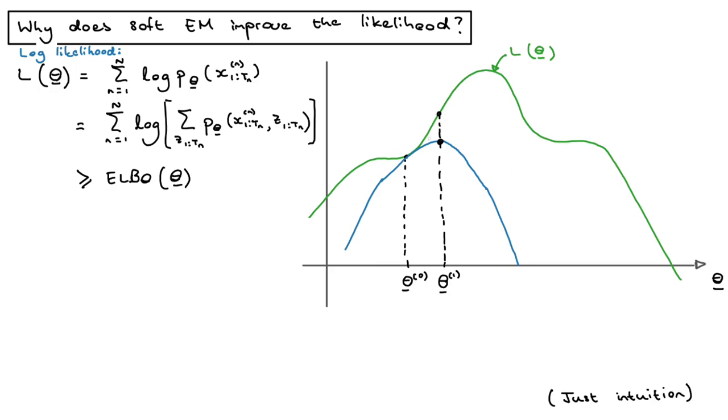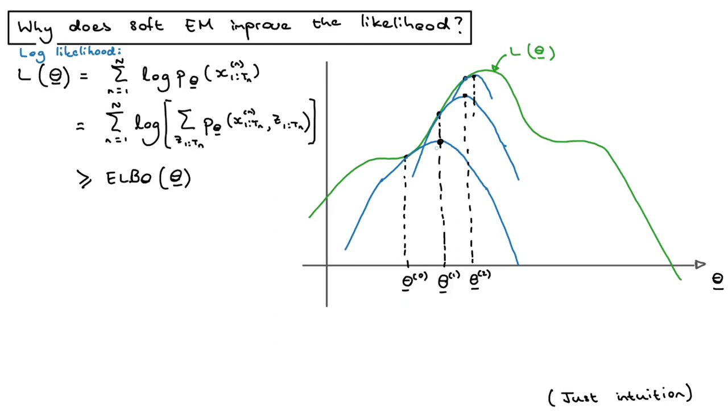Again, we end up with a lower bound, and maybe that lower bound runs something like that. M step, we update, which means we maximize the lower bound again. Pretend that's a straight line. We end up there, that's theta 2. E step again, we get a lower bound that's tight at that specific point. We maximize that one again, and so on.